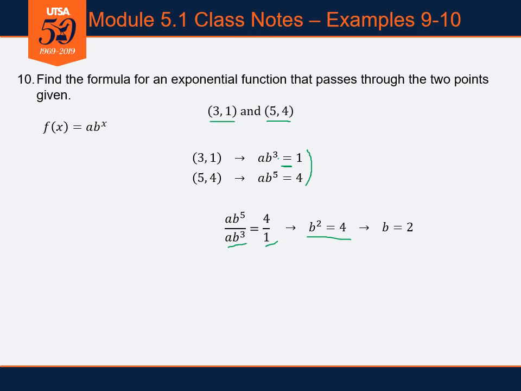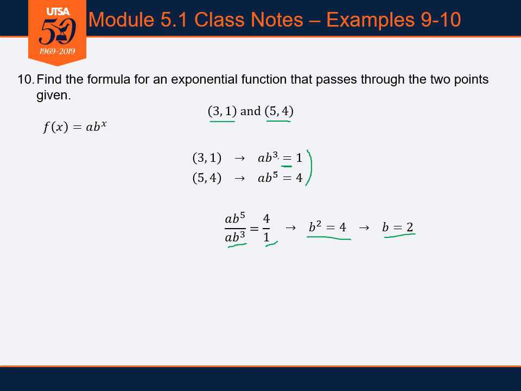And I'm just left with b squared equals 4, and then I take the square root and find that b equals 2. So see there that if we combine the two equations by dividing one equation by the other, then we can cancel that factor of a and leave us with just a power of b equals a number, and then use radicals to solve for b.